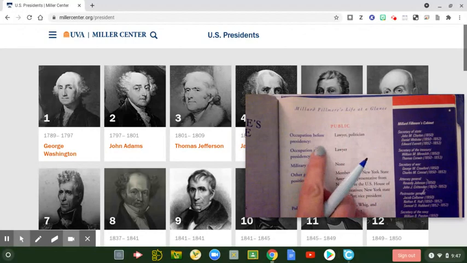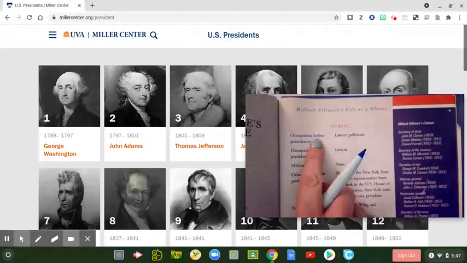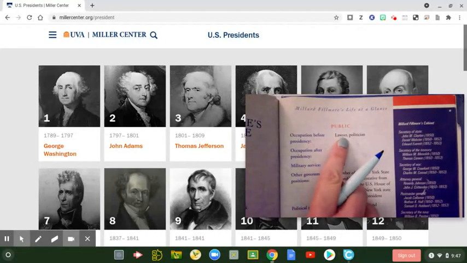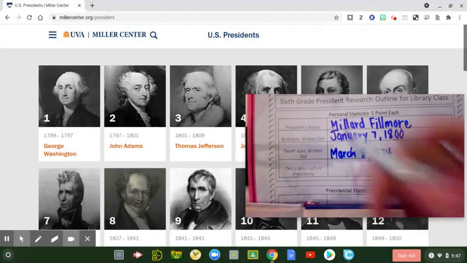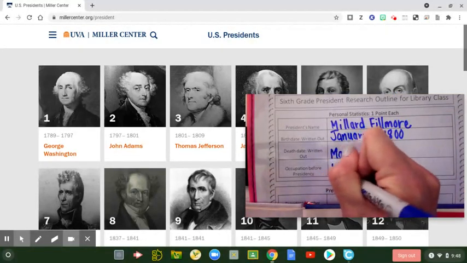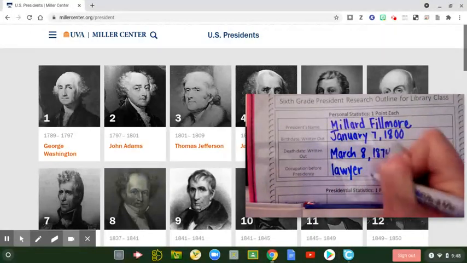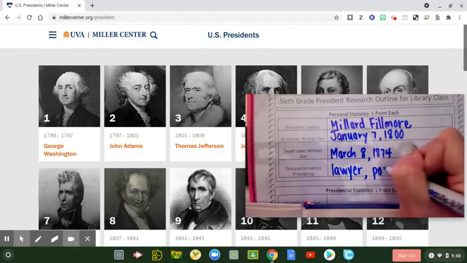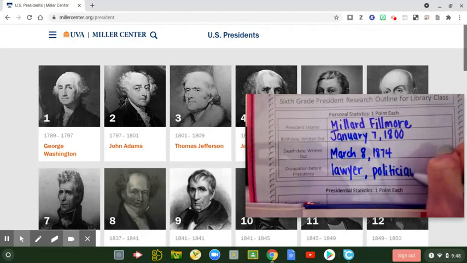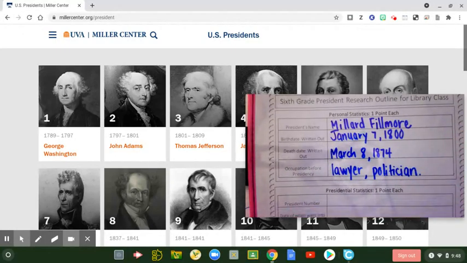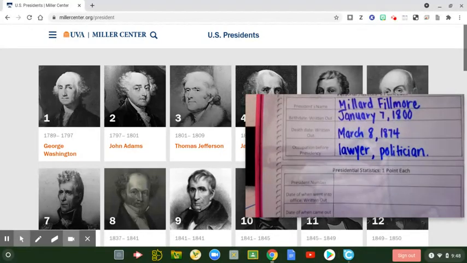Not after presidency. Occupation before. It's the first one. So we're going to put lawyer and politician. Okay. So he was a lawyer and politician.